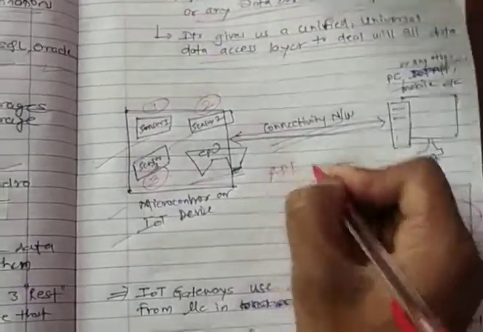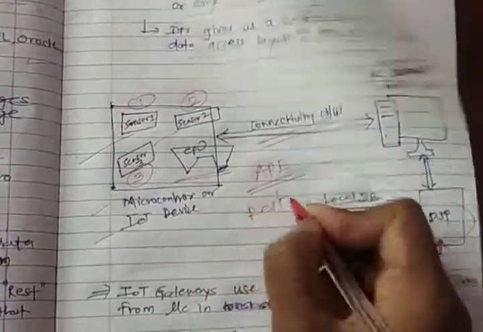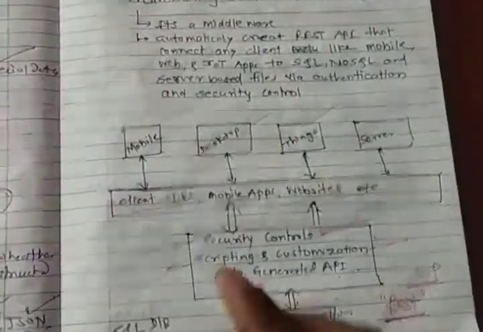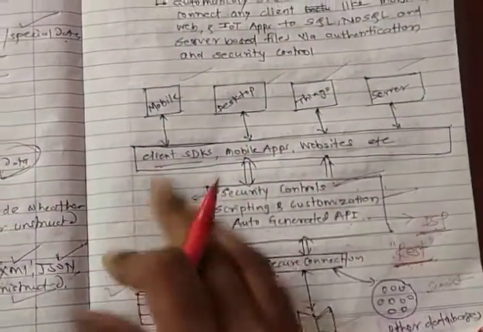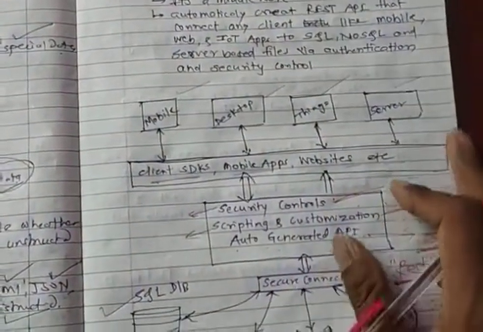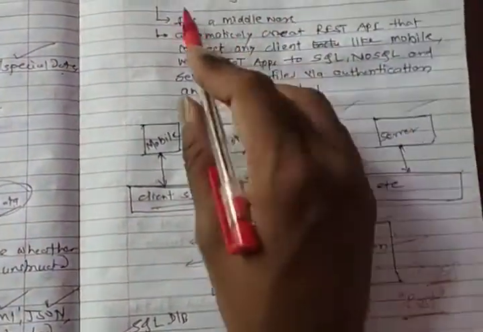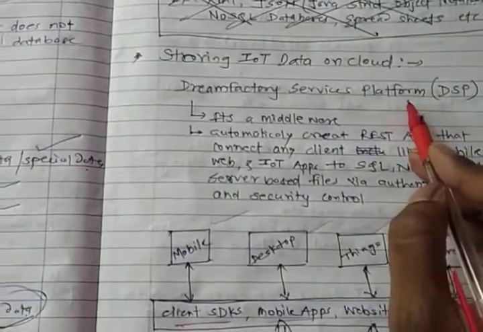So the API is the most important thing. Here the REST API will be different, and to store this data on the cloud, the REST API used will be different, right? Then the remaining process is exactly the same, right? So in conclusion, what do we mean by Data Factory Services Platform?